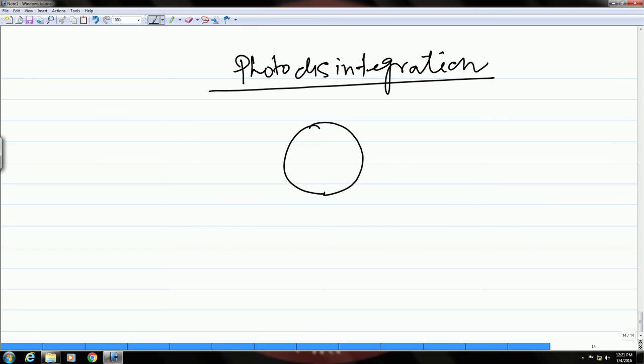As I said, the X-rays can penetrate through the electrons and go all the way to the nucleus, and from there eject a particle.